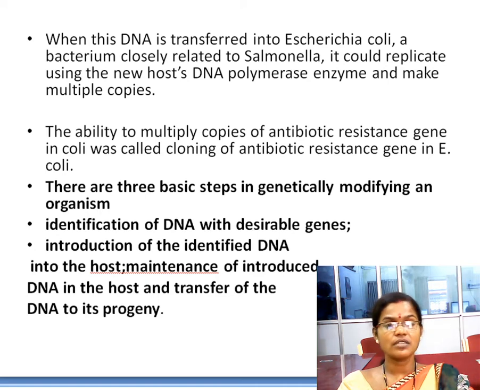Second step is introduction of the identified DNA into the host, and the third step is maintenance of the introduced DNA in the host and transfer of the DNA to the progeny. These are the three basic steps you have to follow to produce a genetically modified organism. This is a 3 marks question: what are the basic steps in genetically modified organisms?